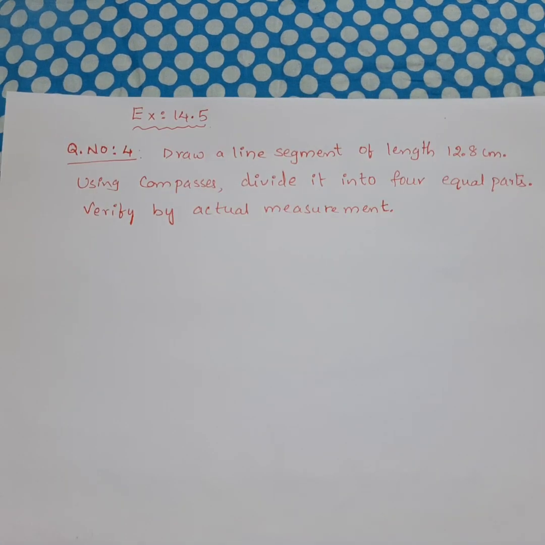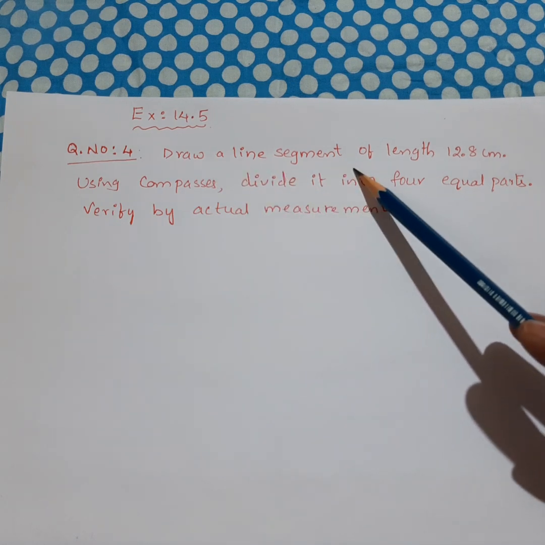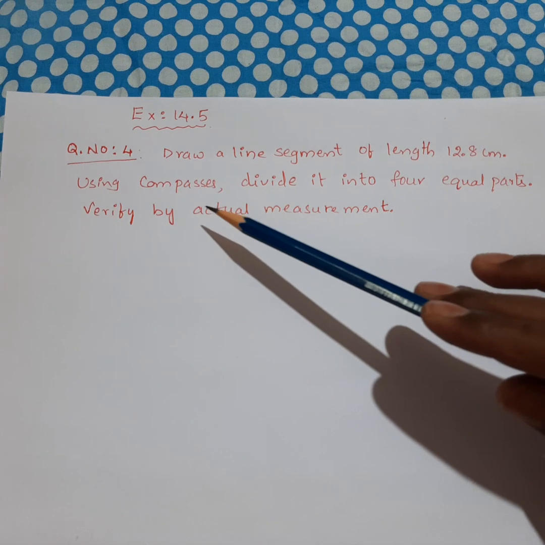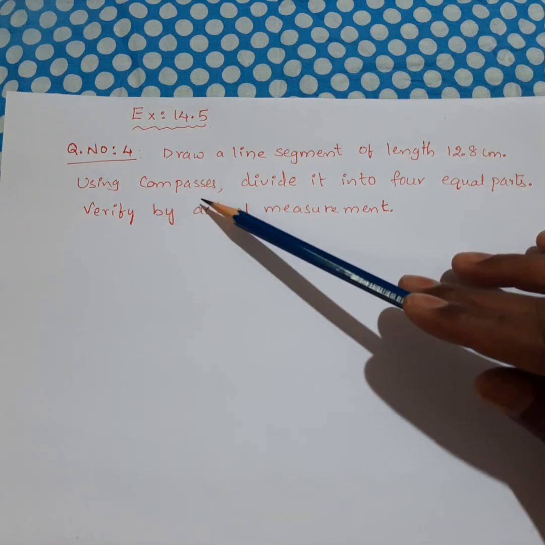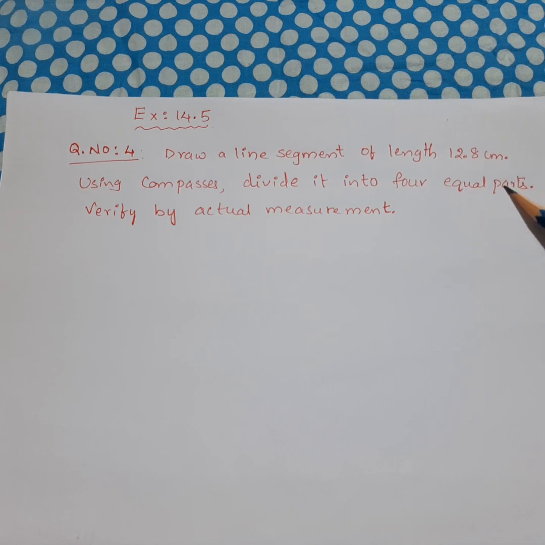Right, children. Let us discuss question number 4 from the same exercise 14.5. Draw a line segment of length 12.8 centimeters. Using compasses, divide it into 4 equal parts.